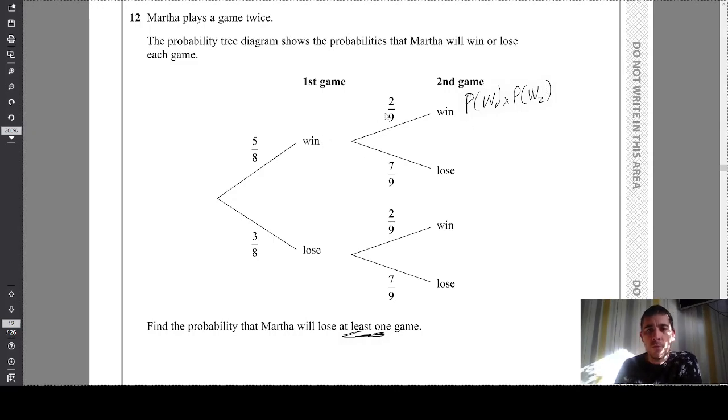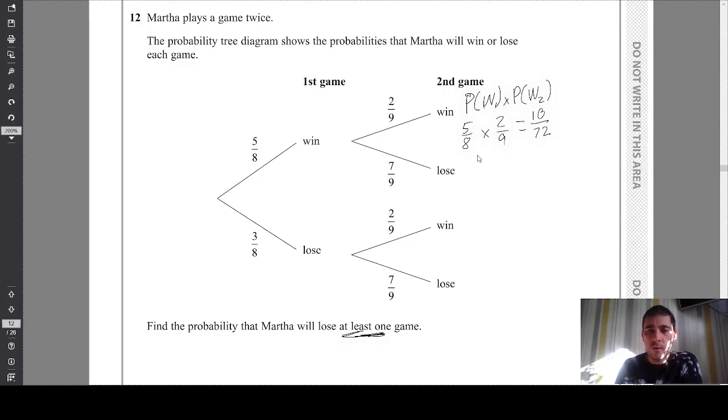So probability of winning first game will be 5/8 multiplied by 2/9, and we get probably one of those questions where we don't need to simplify fractions. So just top times top, bottom times bottom, we get 10 out of 72. So that's the probability of win and win. Okay, so next bit, check the probability of win and lose after.